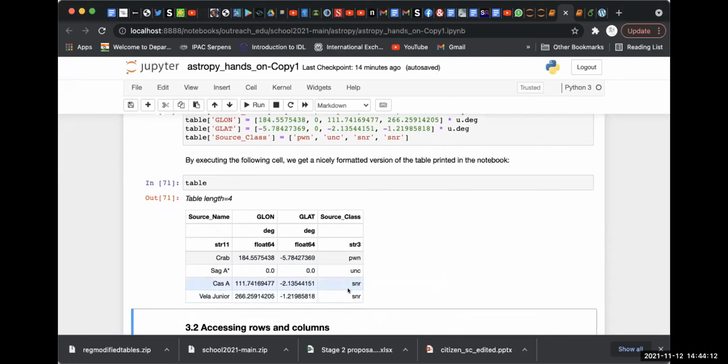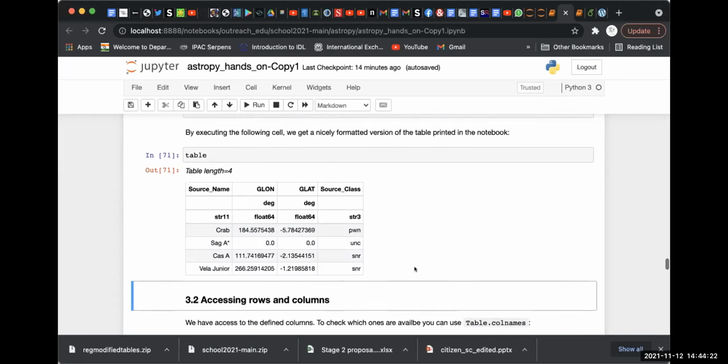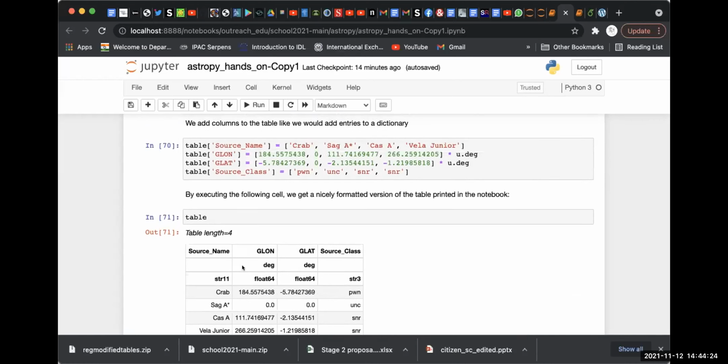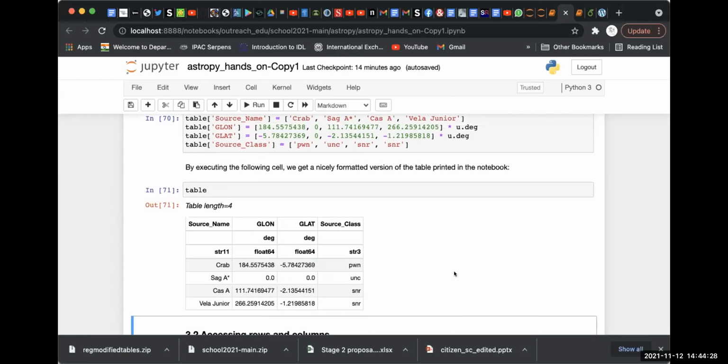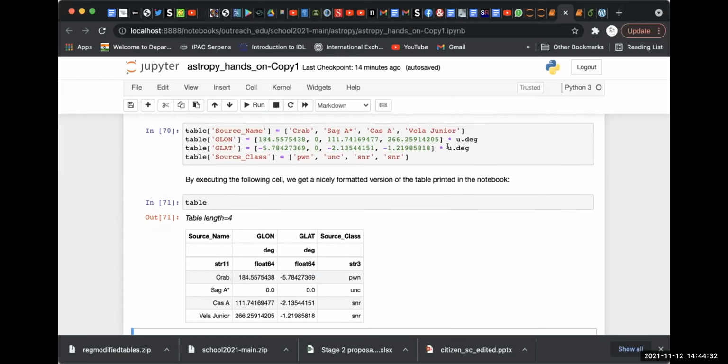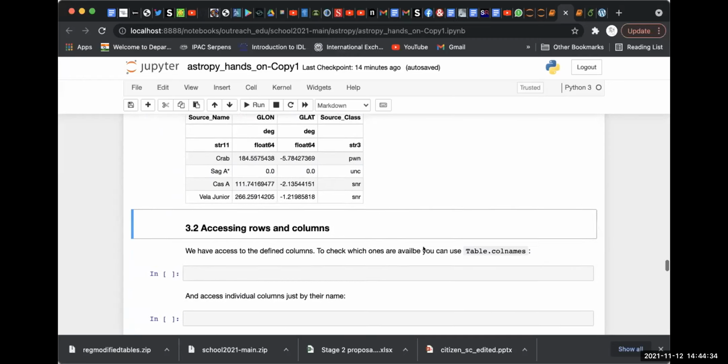The source class tells you what kind of an object it is. For example, Cassiopeia and Vela are supernova remnants. Crab is the Crab Nebula, which has the pulsar in it. So in short, this is a very simple table, but the advantage is that the information about the units, etc., of these objects is already sitting with the table.